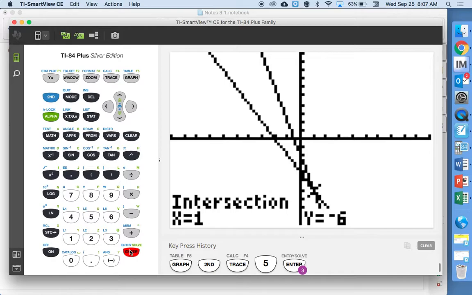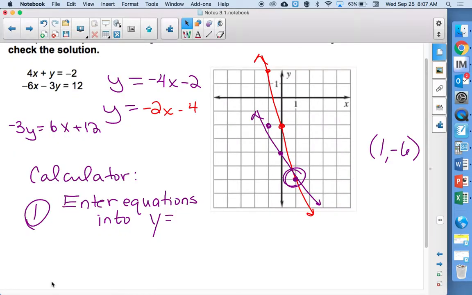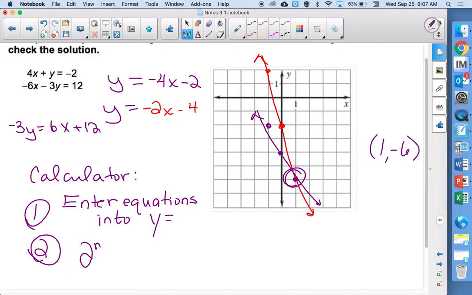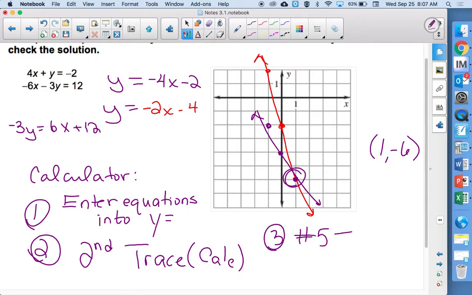So you might want to write yourself a little note there. So you could do second trace, which is really using the calculate button. And then it's number 5.